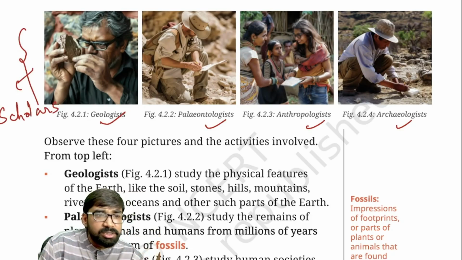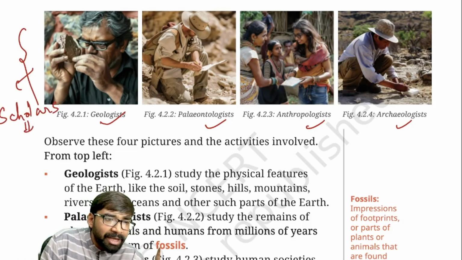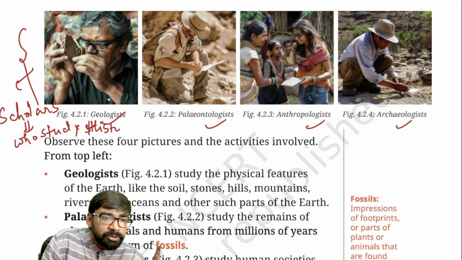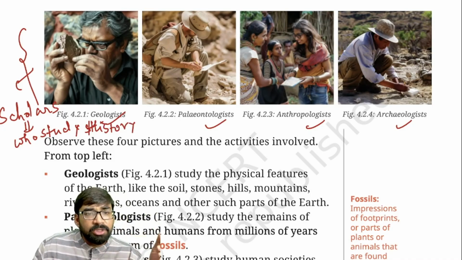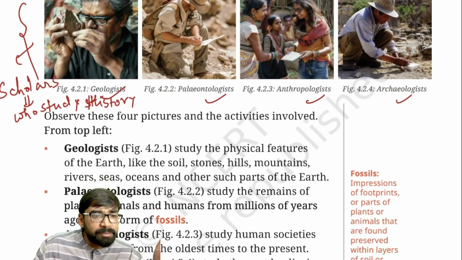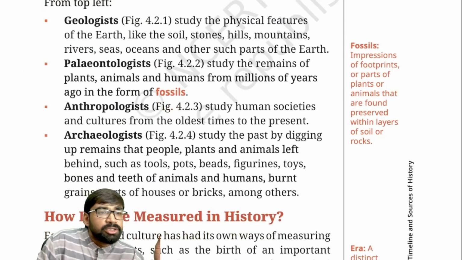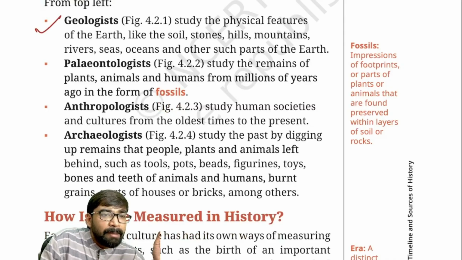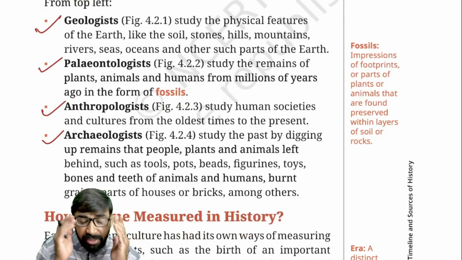Now, these scholars are those people who actually study history. ठीक है? Now, these four types of scholars, as you can see here, geologist, है ना, paleontologist, anthropologist and archaeologist. ठीक है?